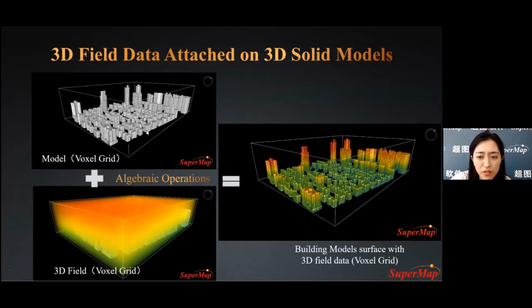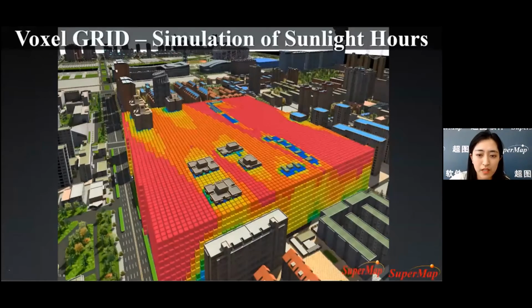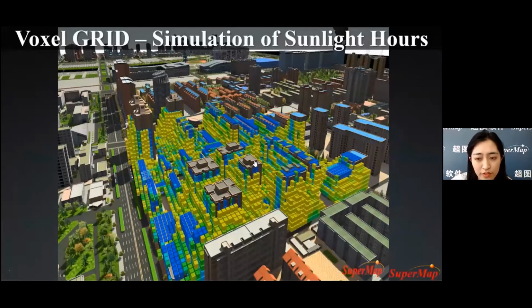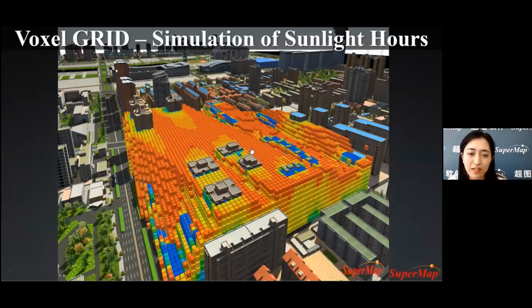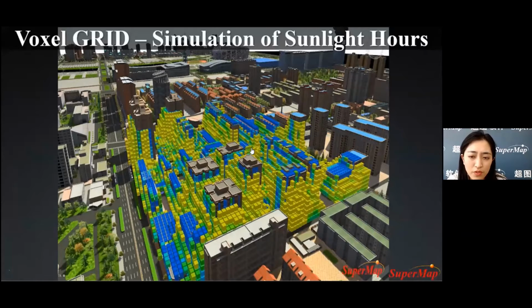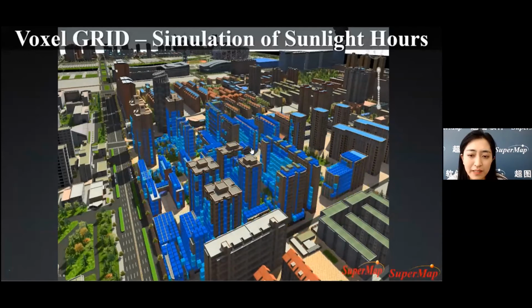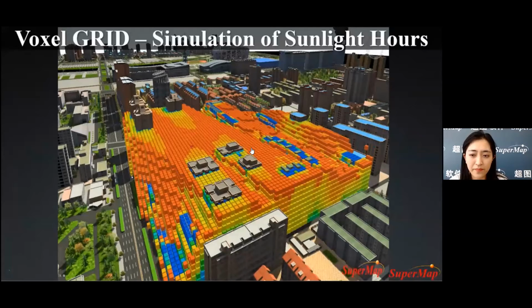The first is that first mode. In this building model, the 3D field with certain feature values is represented by the voxel grid on the surface. And in this way, voxelized results could be attached on the building models. The second mode is that the duration of sunshine can be expressed based on the voxel grid, and the distribution of sunshine can be seen more accurately in space.